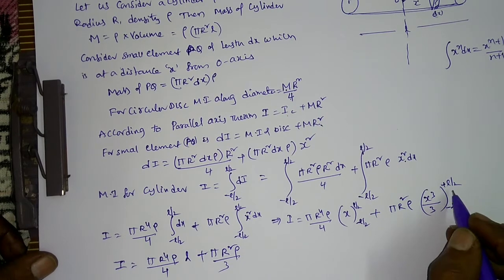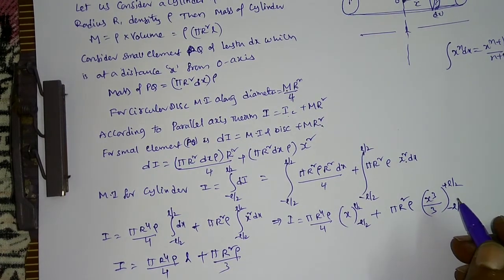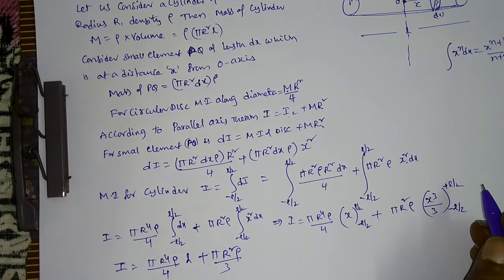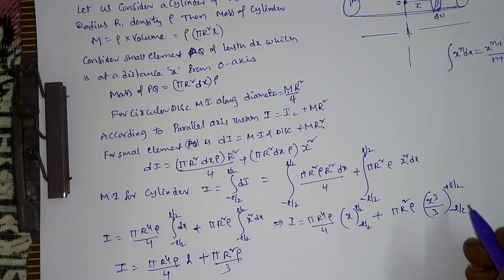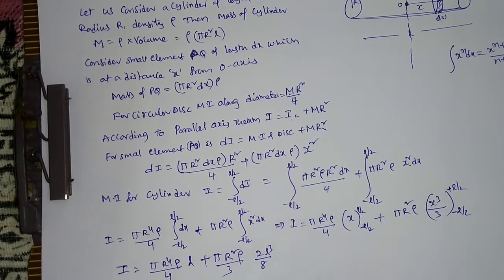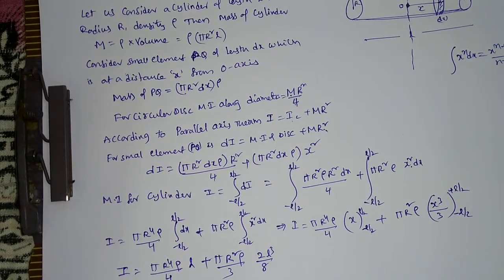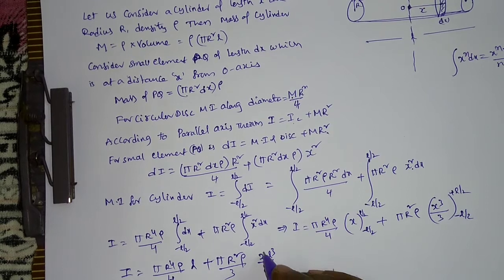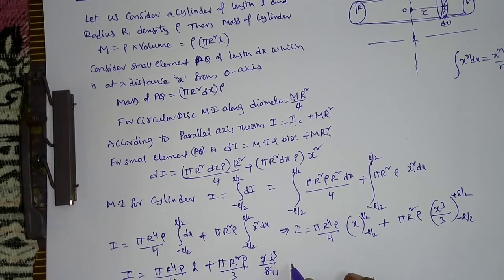x power 3 means L power 3 by 2 power 3. That means L cube by 8. This is L cube by 8, so you will get 2L cube by 8. That means 2 4 8 as usual.